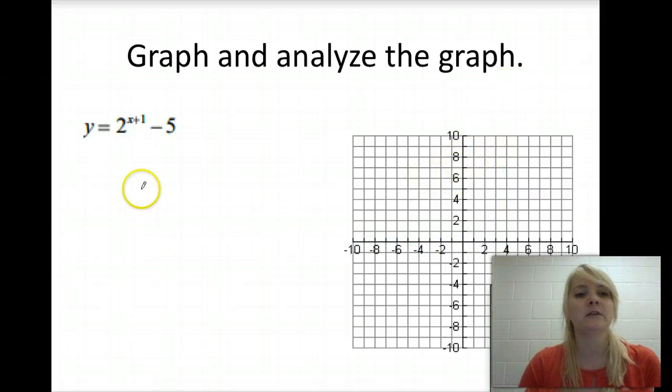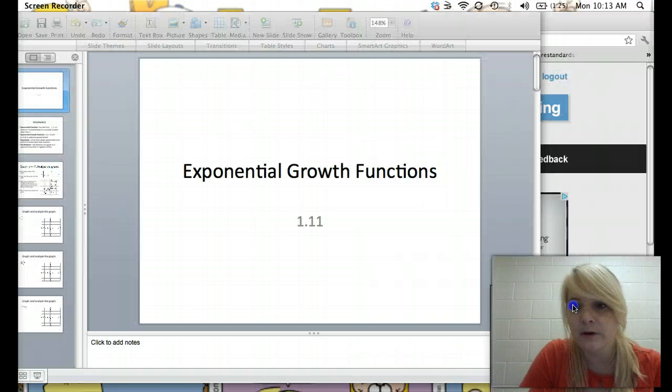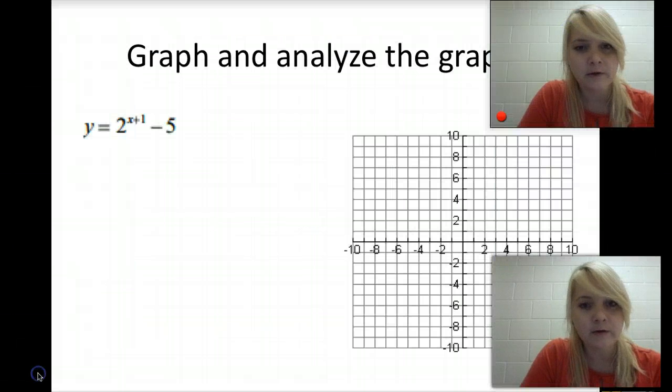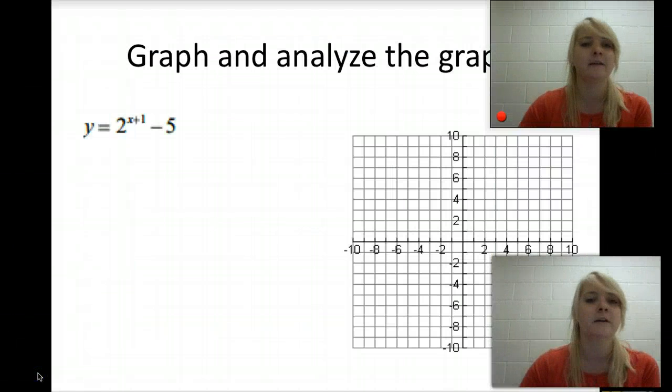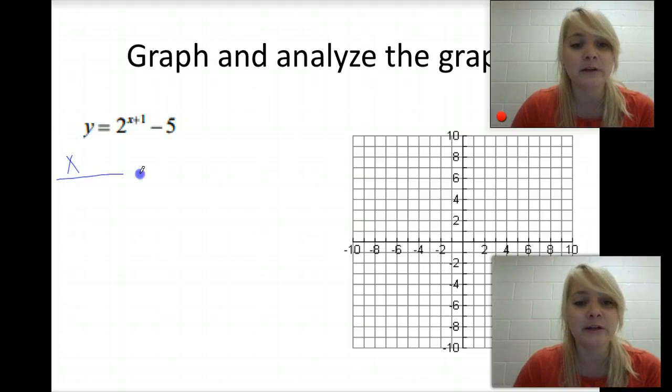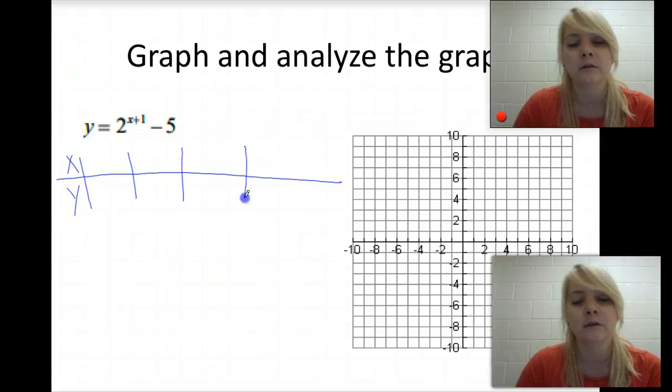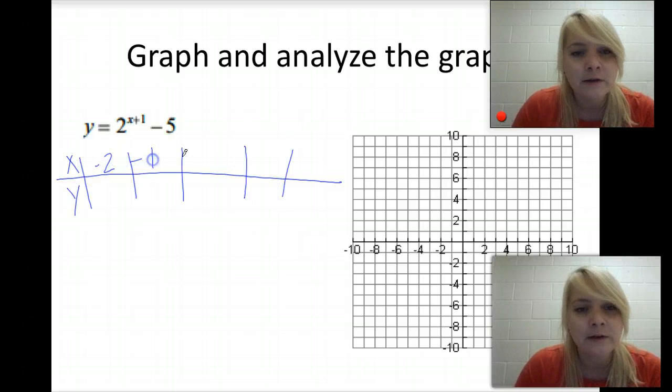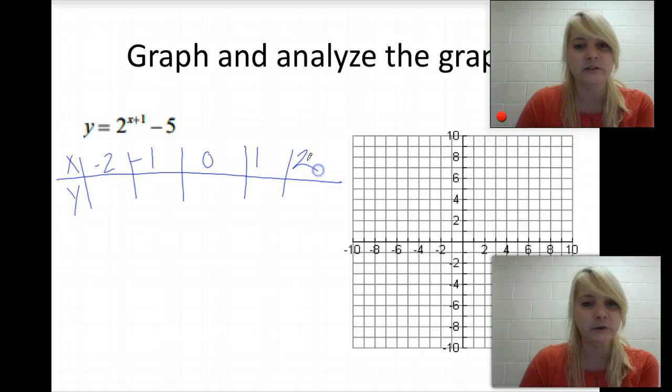All right, the last one we're going to take a look at is a little bit different. So we have y equals 2 to the power of x plus 1, minus 5. And I'll put this up there. All right, and we're going to analyze. Once again, we're going to use -2, -1, 0, 1, and 2.